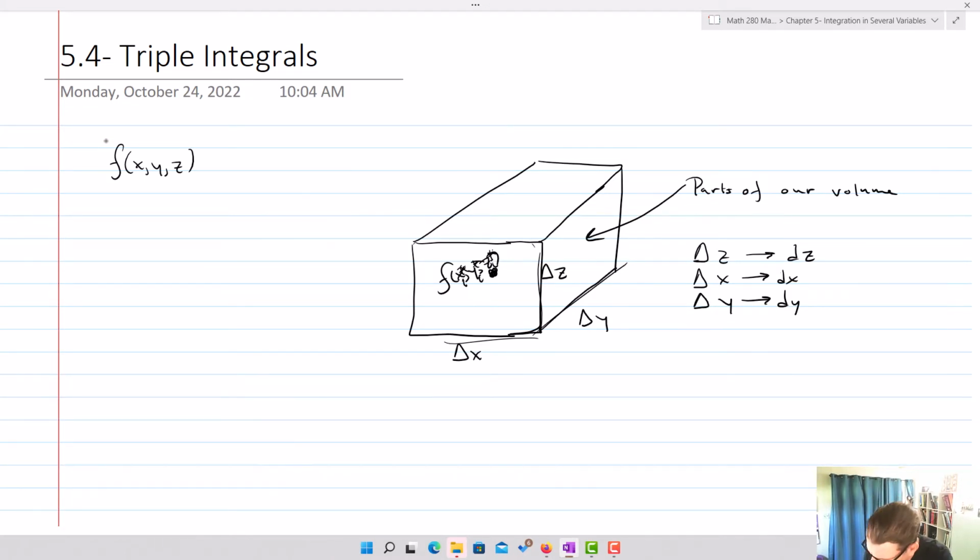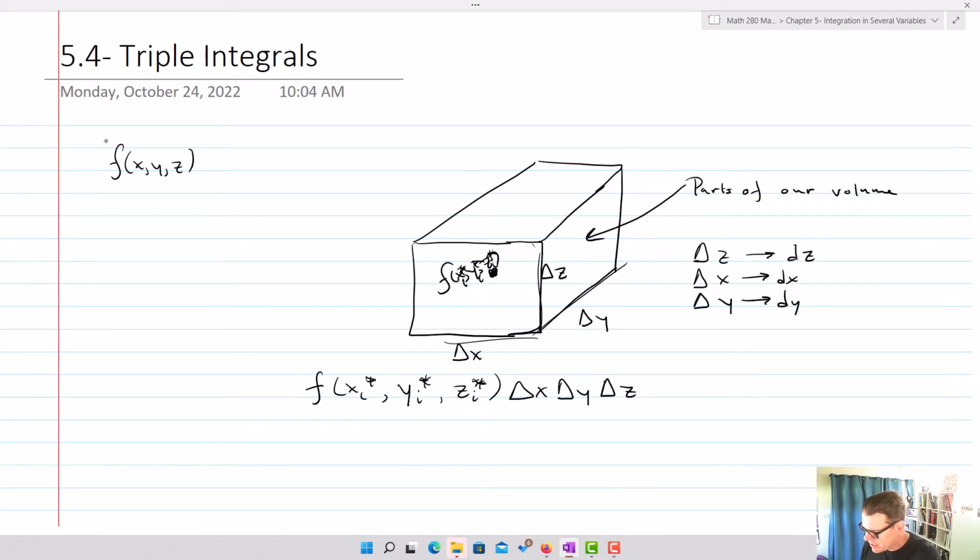And then we've got our delta x, delta y, delta z, if we want to do it in that order.